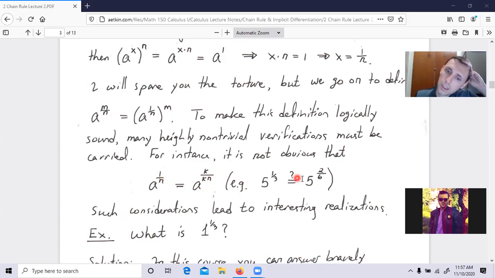So let me illustrate with this example. So we have the cube root of 5, right? You can see that 1/3 is the same as 2/6, but here on the left I am asked to carry out an entirely different operation. Right here I am asked to find the third root of 5. What am I asked to do here?